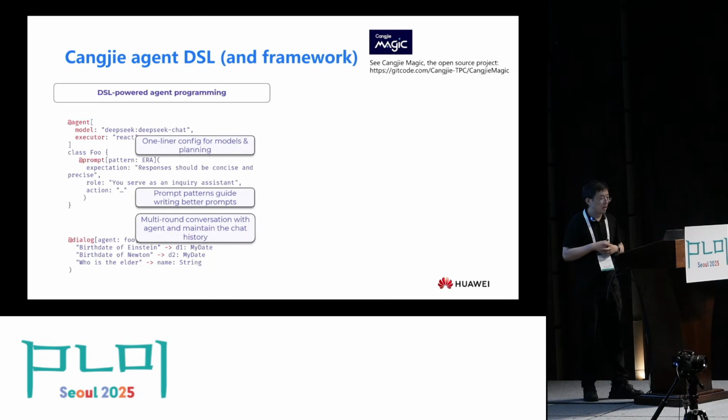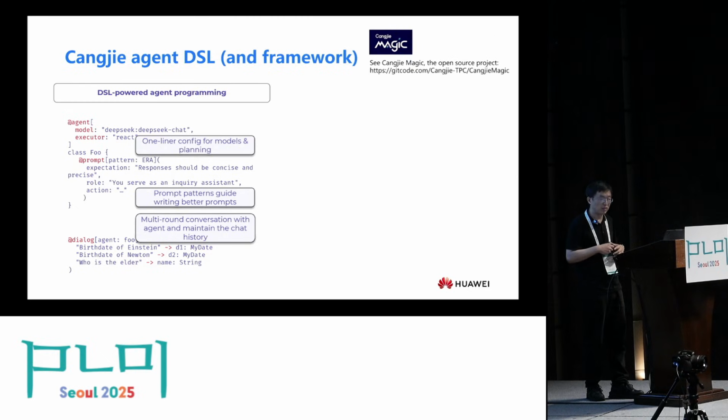As an example of our domain-specific language, we also have an implementation of an agent DSL. We call it Cangjie Magic, which is now an open source project online. In the language, we can have a simple configuration of an agent about the models and the planning strategy. We also have several prompt patterns provided to simplify writing prompts.